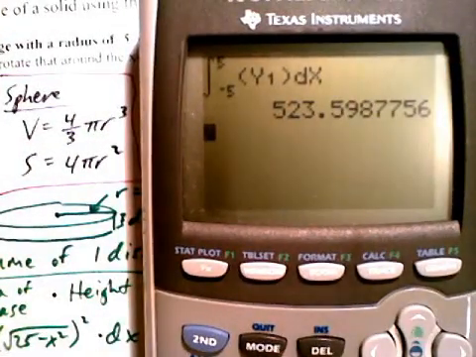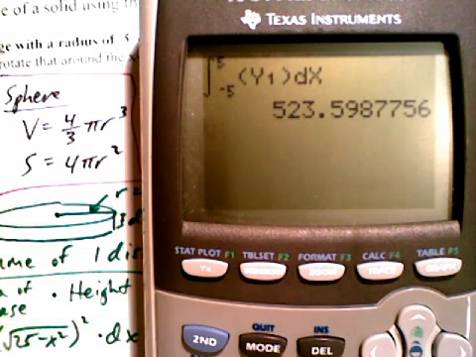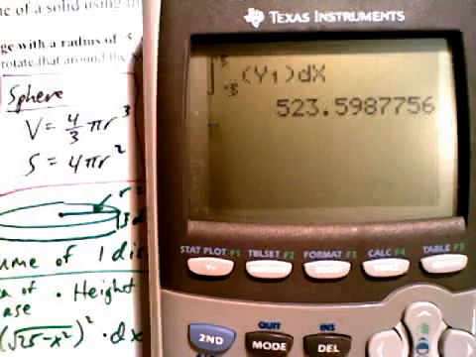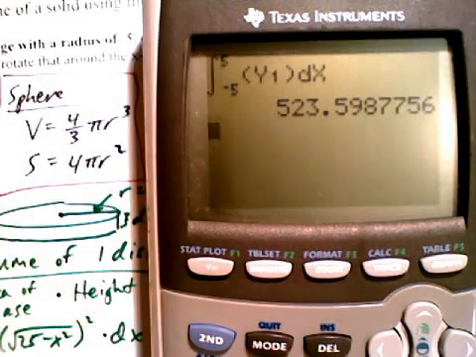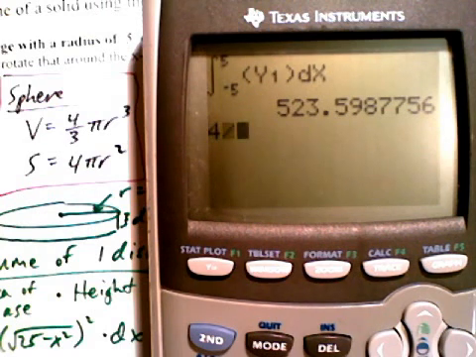So this is really only going to work if you're dealing with spheres. In fact, every single one of the problems that you do from now on is not going to be a sphere. It's going to be some other kind of shape where you have to use calculus to find the volume. But let's just go ahead and type this in. 4 divided by 3, multiplied by pi, multiplied by r cubed.